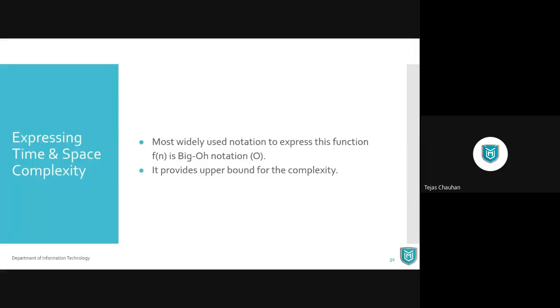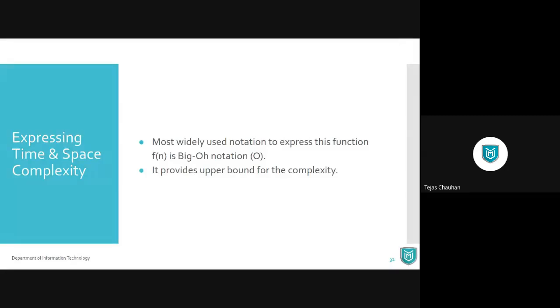When we do that, whatever finding we have, we are going to represent it with some notations. Those notations are nothing but the big O notation that is widely used.